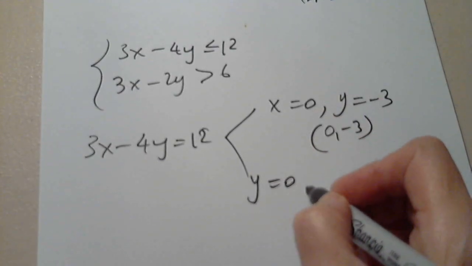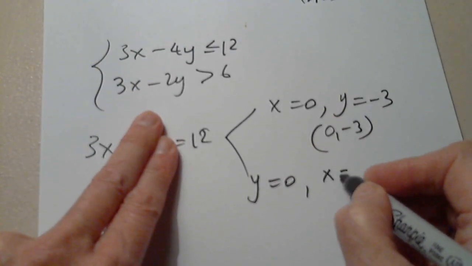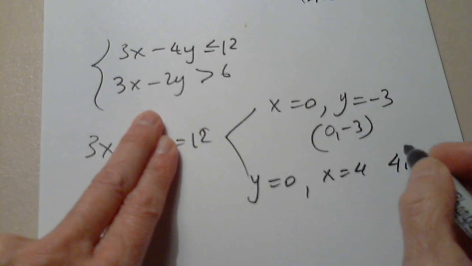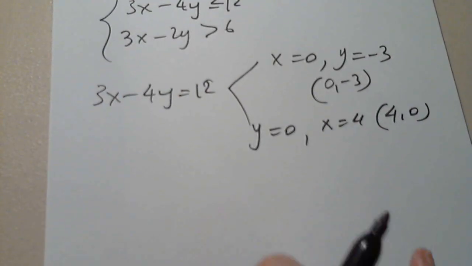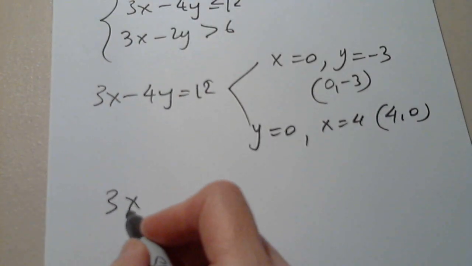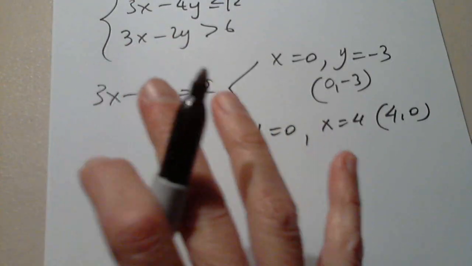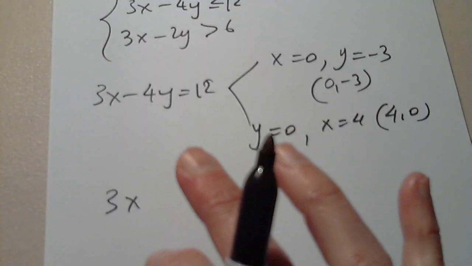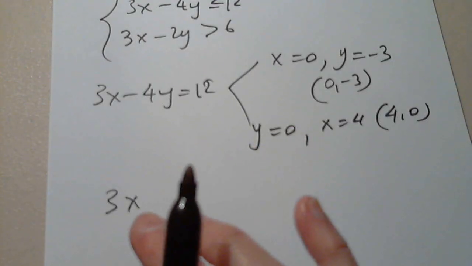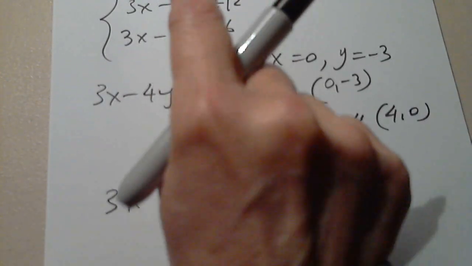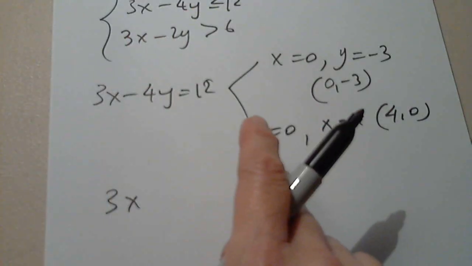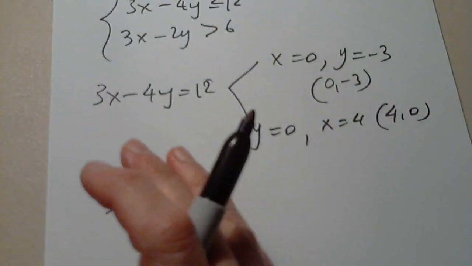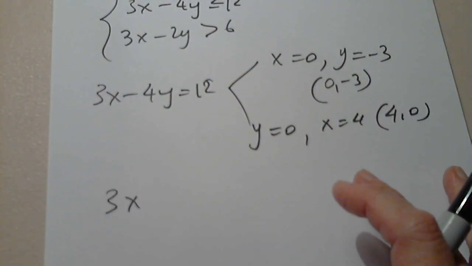When y is 0, x is 4. So 4 comma 0. I'm going to do the same thing to the other one and then graph them. But you have to do it step by step. I'm doing it because I don't have enough room here. So it's not a good idea, because you have to graph this, graph that, shade in, and then move on to the next one.